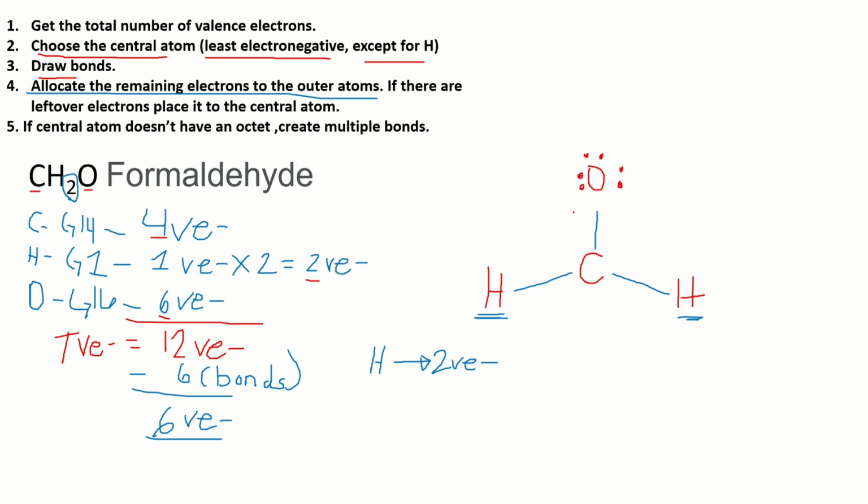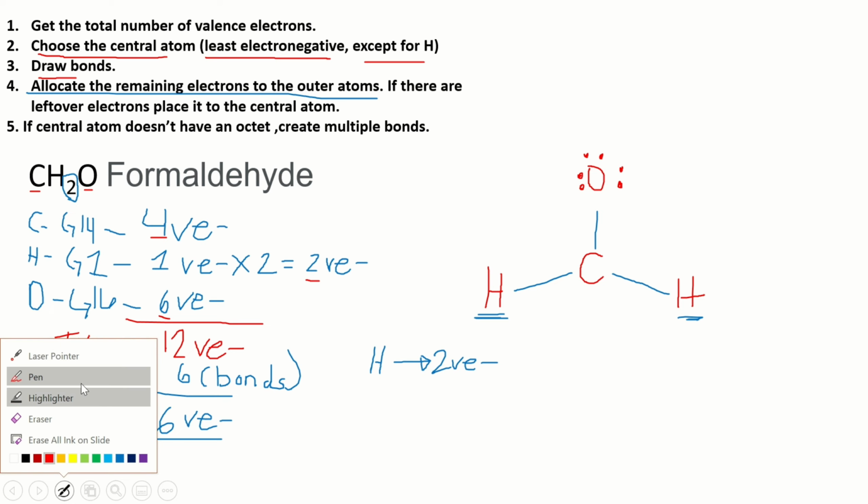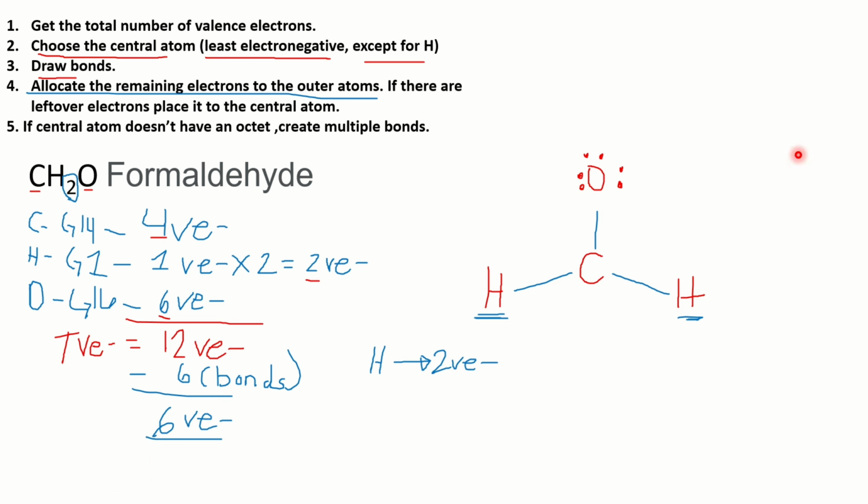Now, atoms are happy with 8 valence electrons, except hydrogen and helium. Now, let's check if carbon and oxygen are stable. Let's check first oxygen. 2, 4, 6, 8.